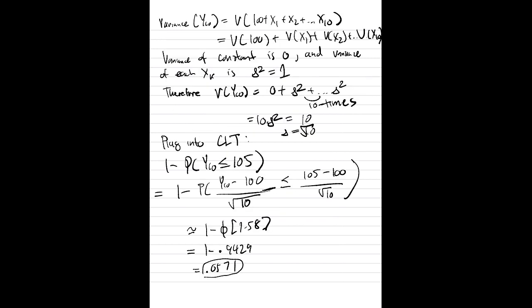And for variance, similarly, we get 10s squared after taking out the variance for each term. So 10s squared is our variance, and our standard deviation is s radical 10 after you take the root of each side and plug into the formula of the central limit theorem.